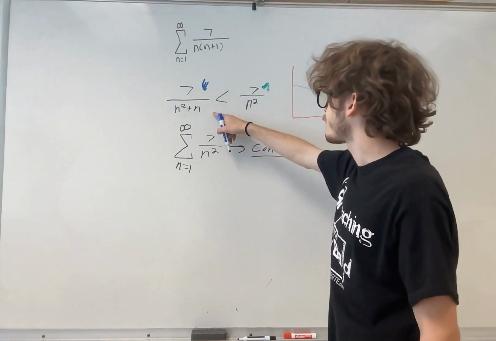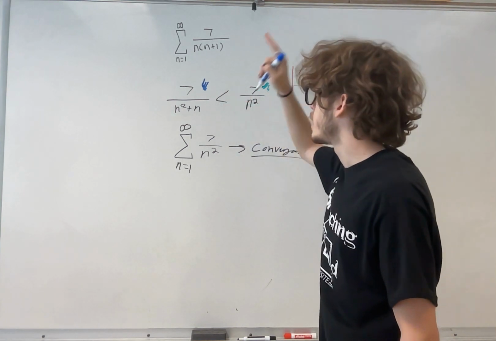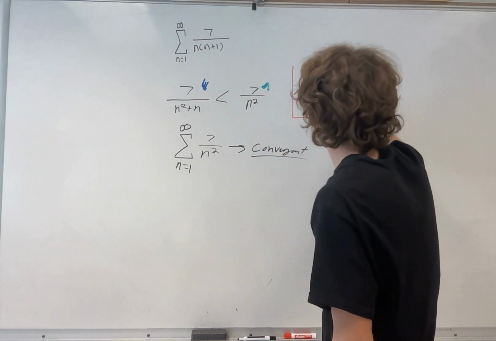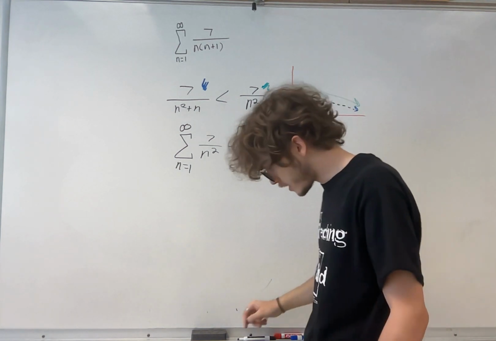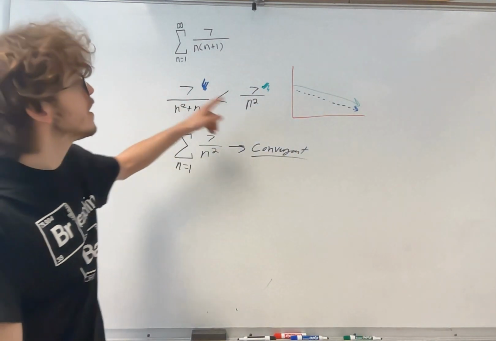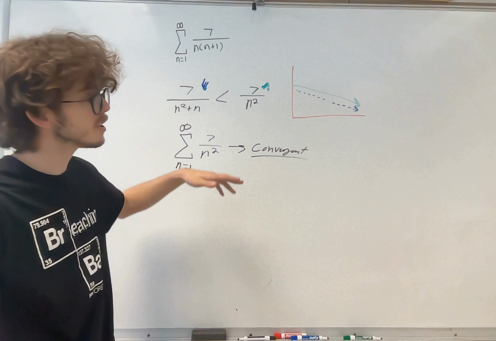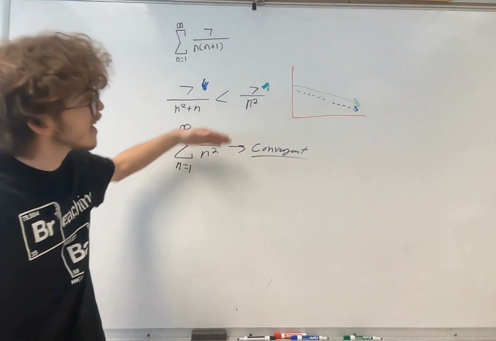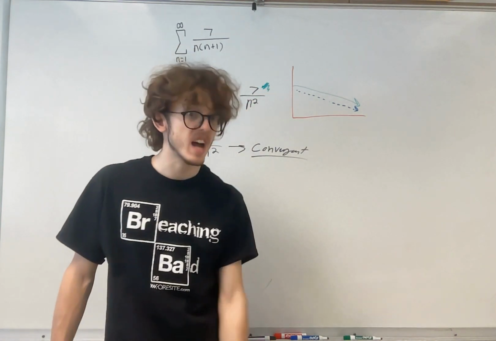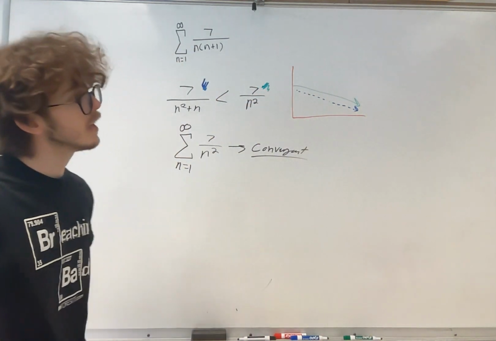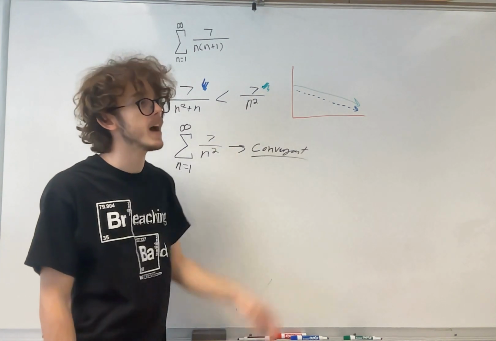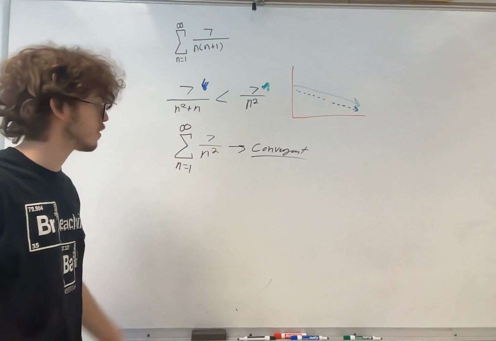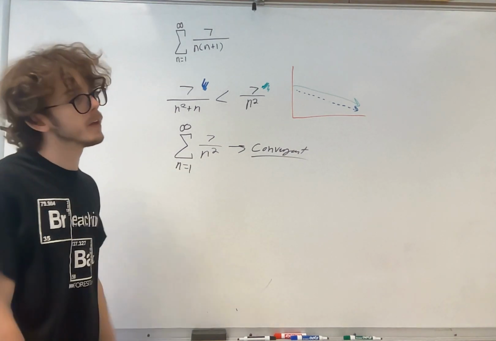Well, here, we know it's always going to be less than, so it's always going to follow under that curve. So what this tells us is that if this is converging to a point, it's going to squeeze this function to also converge to a single point. It can't go above that line, so it can't just diverge into infinity. No, it's going to follow and converge somehow underneath or equal to this function here, or actually less than because we're adding n. But you get the point.